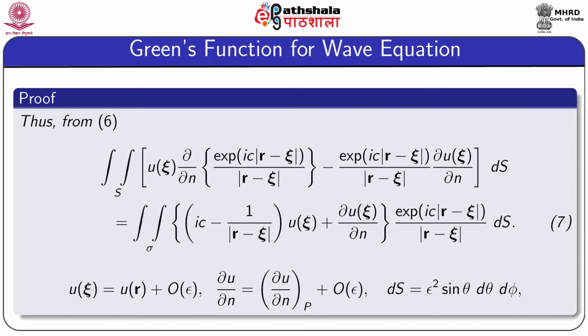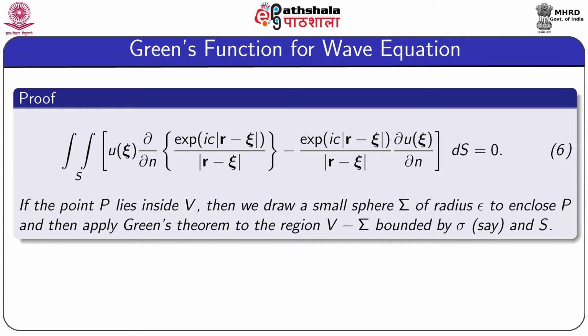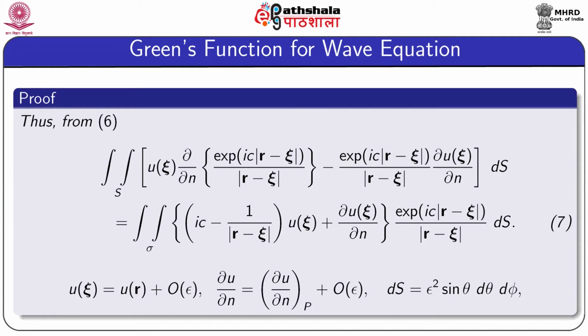And from equation 6, you can see the value of the expression u del del n of u dash minus u dash into del u del n over the surface S equals minus the surface integral over sigma of i c minus 1 by mod r minus xi into u minus del u del n of u dash.